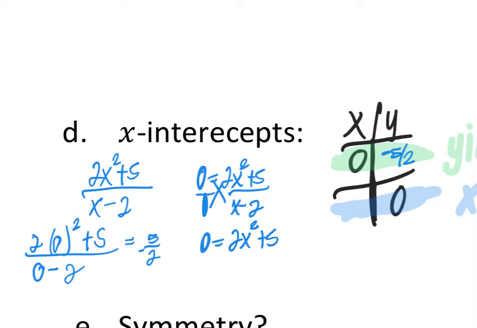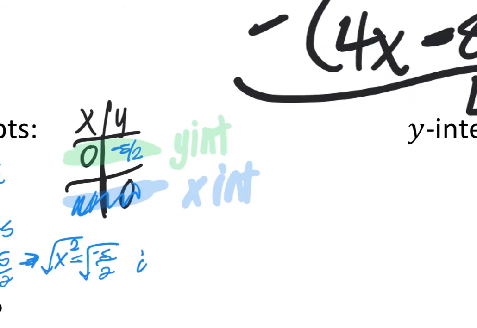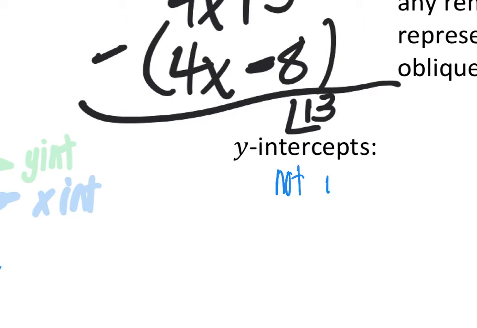And you do this, and you can say 2x squared equals negative 5, and you could divide by 2 and get x squared equals negative 5 halves. But you go to take the square root, and it's imaginary. So there's not a y-intercept, because we can't do imaginary numbers there.